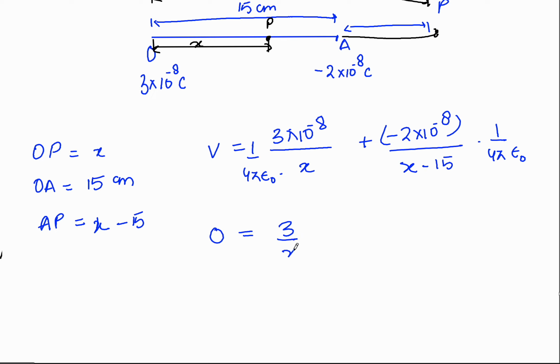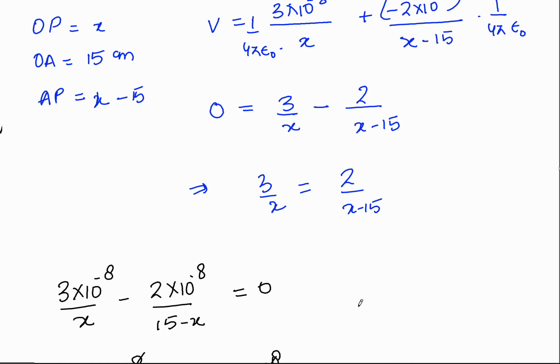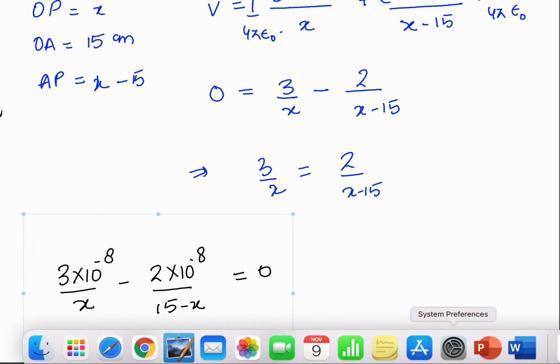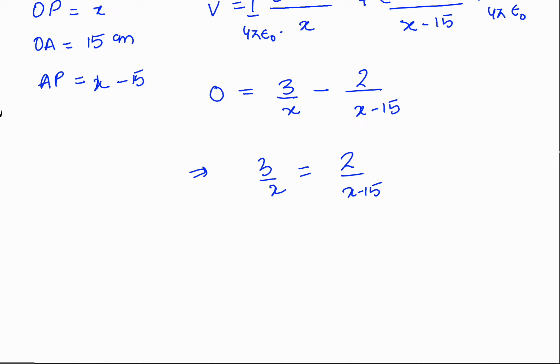Again we have got this equation. So on solving, this equation will be 3 upon x is equal to 2 upon x minus 15, and it will be 3x minus 45 is equal to 2x.